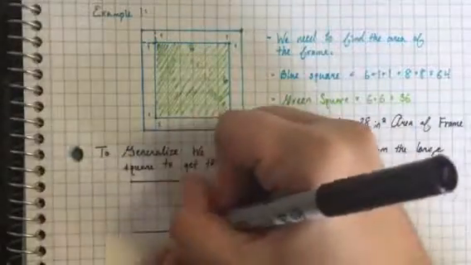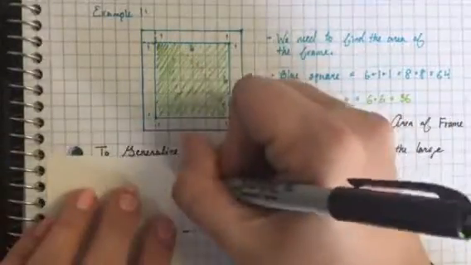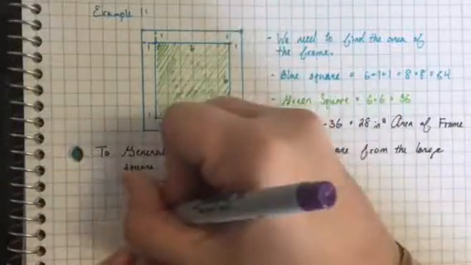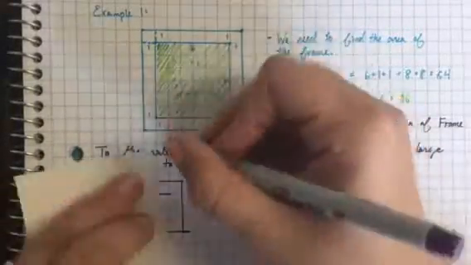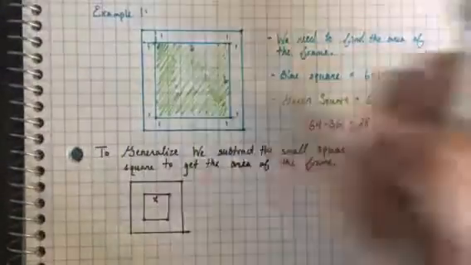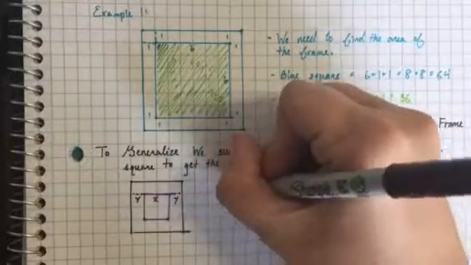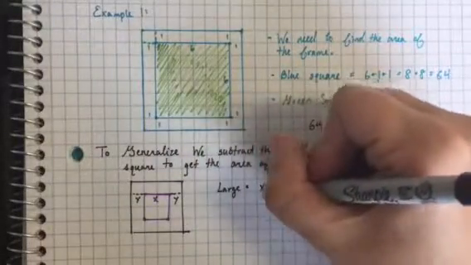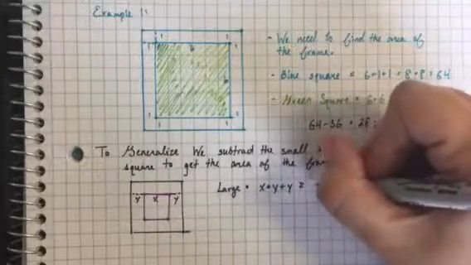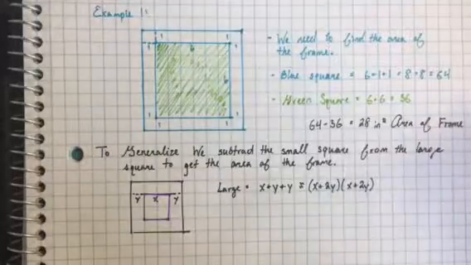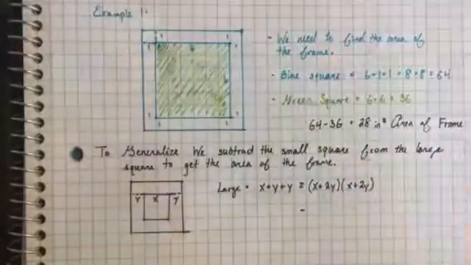So I'm going to jot myself another little generic picture frame here. And if I use variables to label my side lengths as opposed to numbers, I could see how I could generalize this. If the small square has a side length of x, and I know the width of the picture frame is y, then the large square has an area of (x plus 2y) times itself.